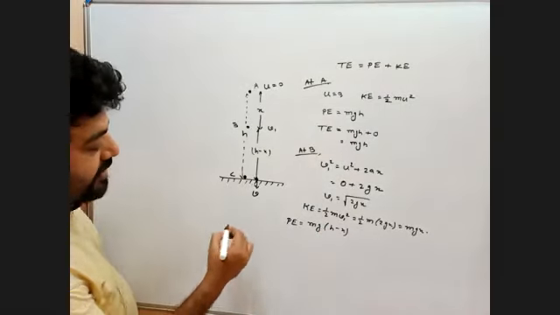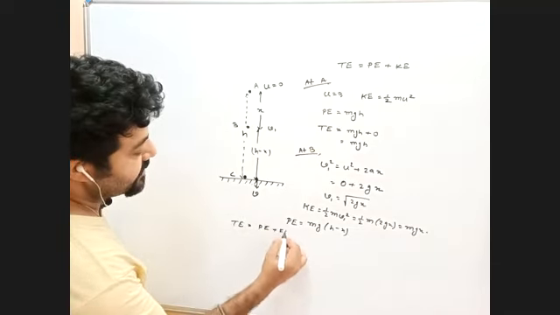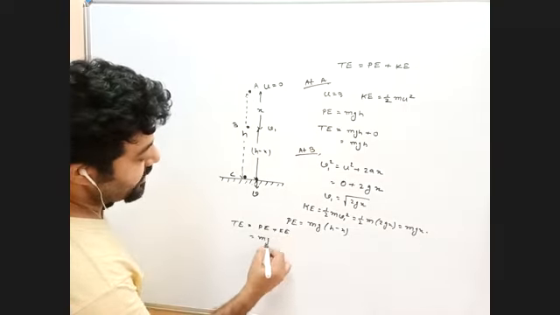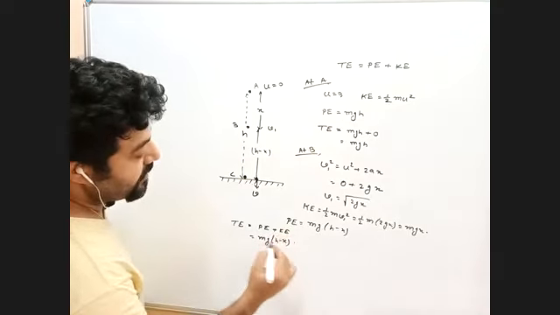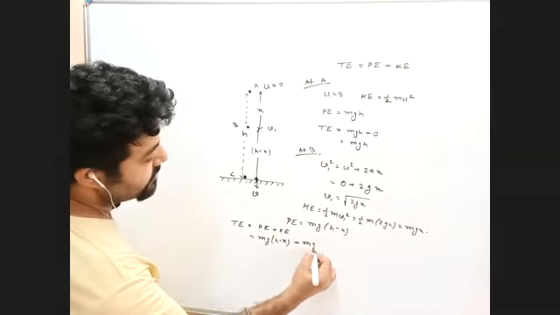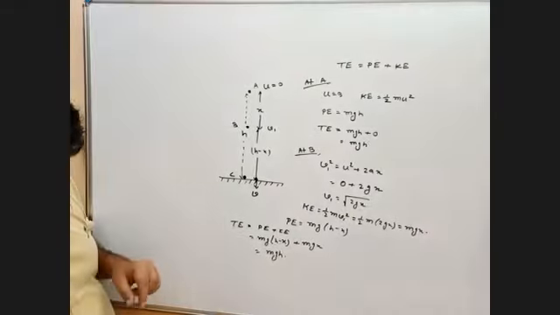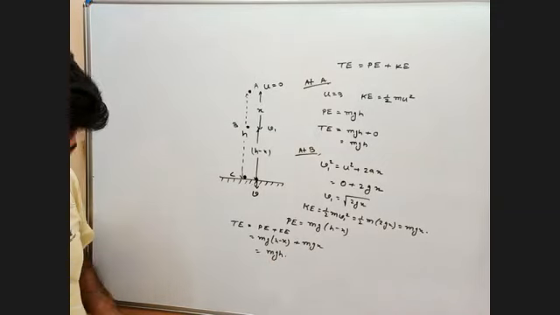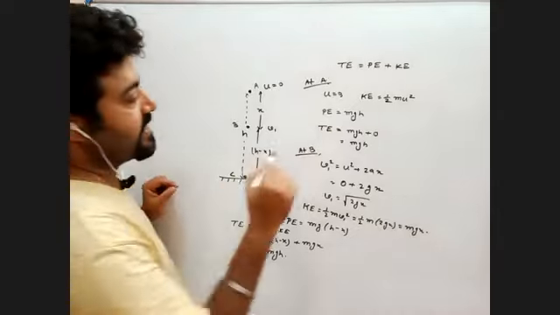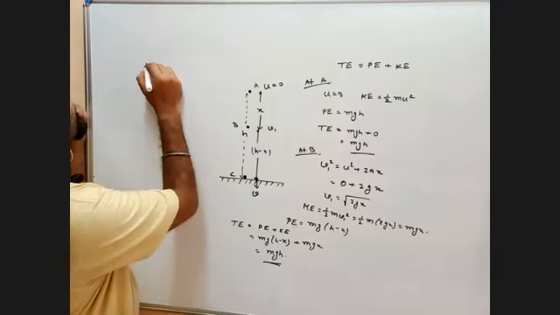So the total energy is potential energy plus kinetic energy: mg(h minus x) plus mgx, which gives mgh. Is it okay? Yes, sir.